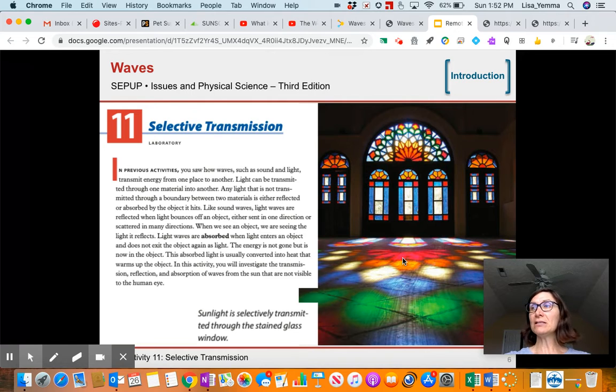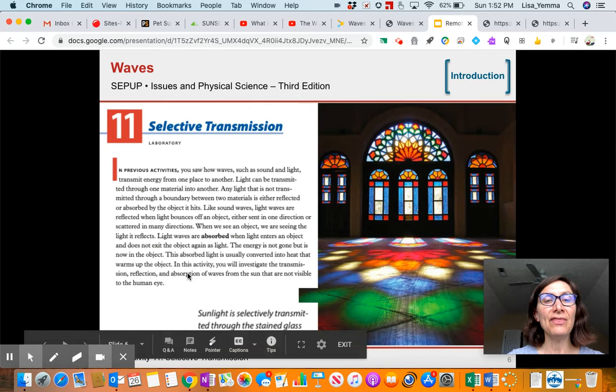And so with the visible light spectrum, the reason why chloroplasts in plant cells that are doing photosynthesis look green is because those chloroplasts are absorbing the wavelengths of the sun's energy in every single wavelength of visible light except green. Green is reflected, so that green hits the leaf, bounces back into your eyeball. Lo and behold, you see green. So we know a little bit about reflection and absorption. Let's see what else we want to know.